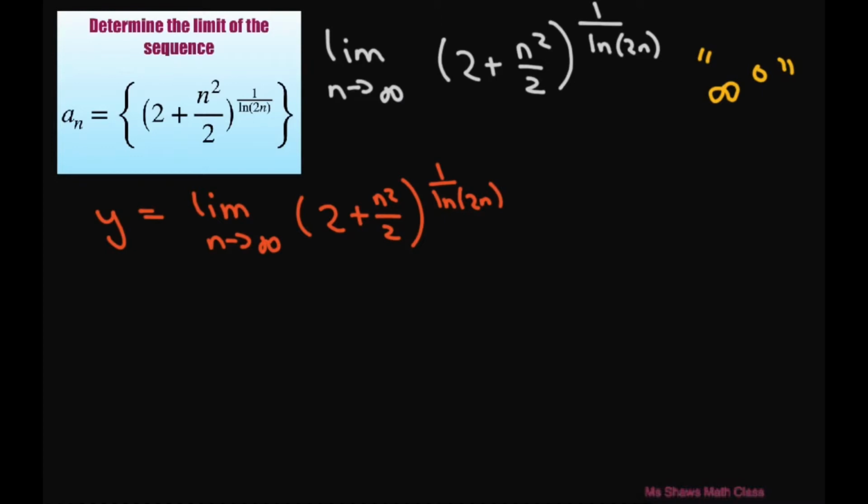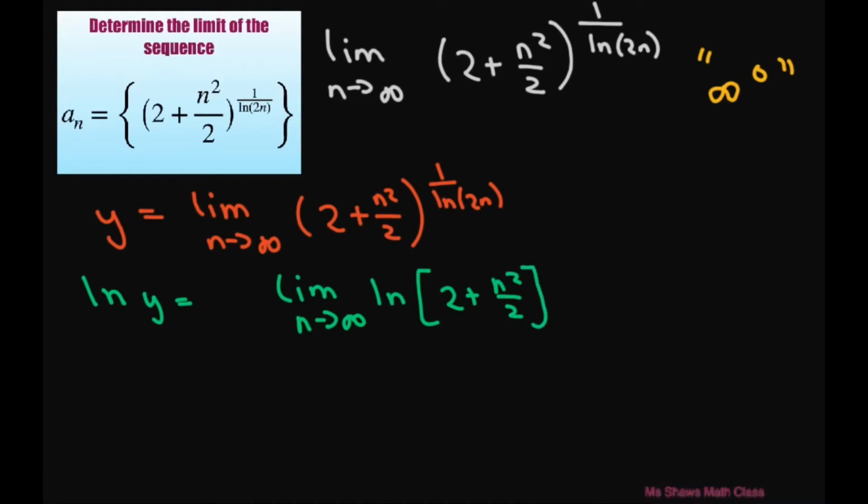So when you take the natural log, you're going to get ln of y equals the limit as n approaches infinity of ln of (2 plus n squared divided by 2) to the power of 1 divided by ln of 2n.